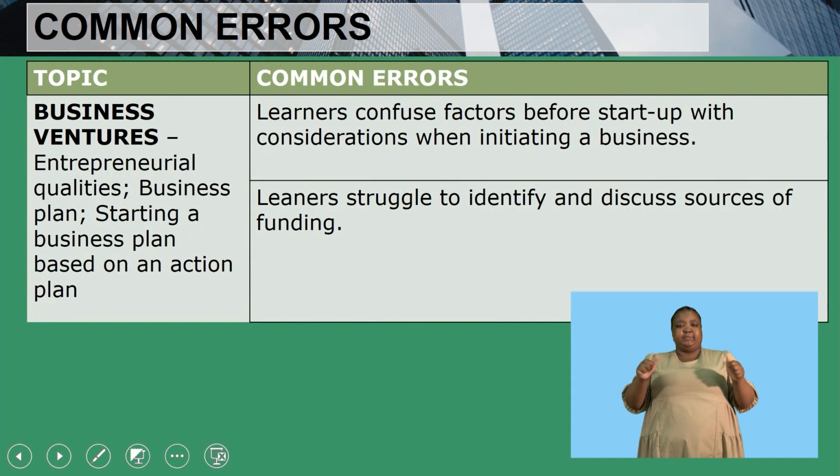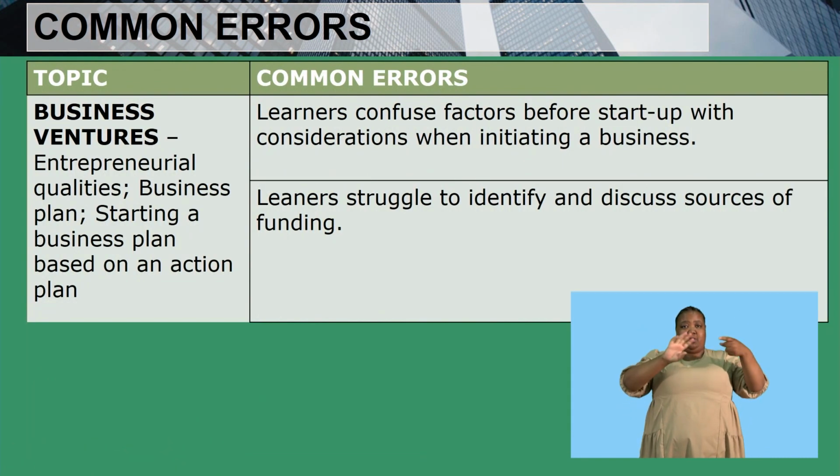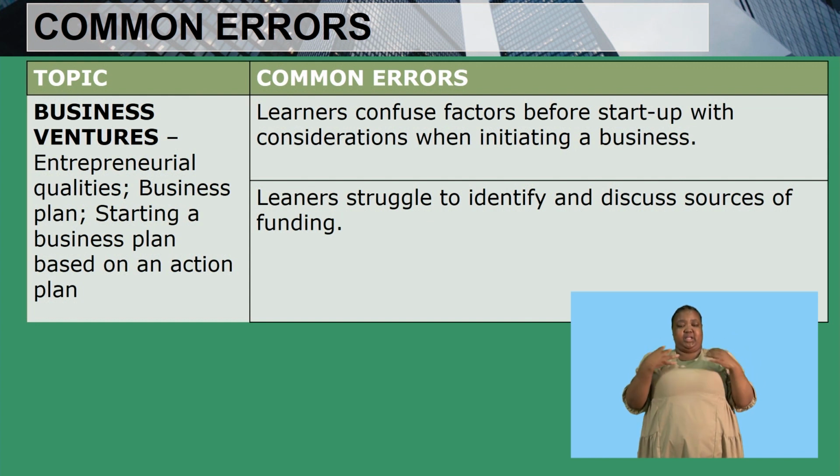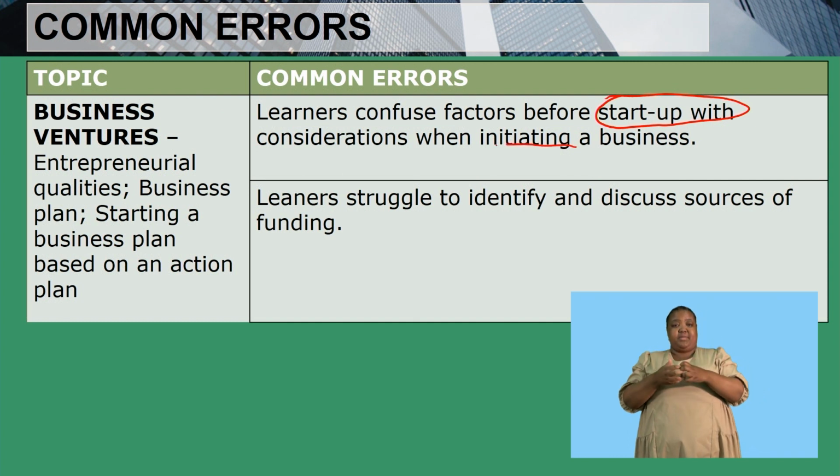Let's then look at the first topic, which is business ventures under entrepreneurial qualities, business plan, and starting a business based on an action plan. The common error that you can make here is that you confuse the factors to consider before a startup with the factors to consider when initiating a business.